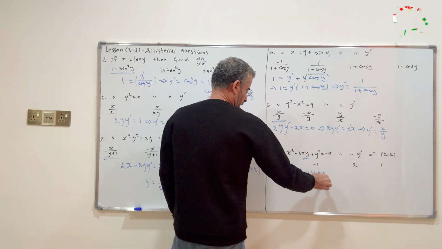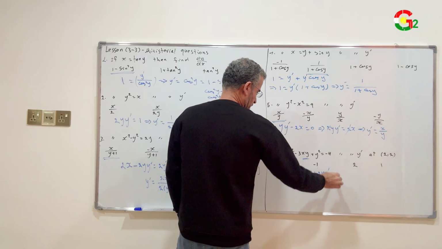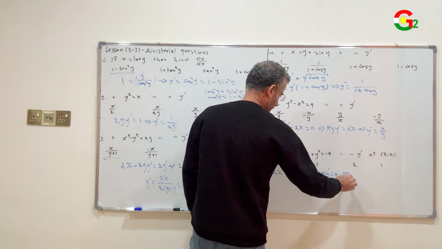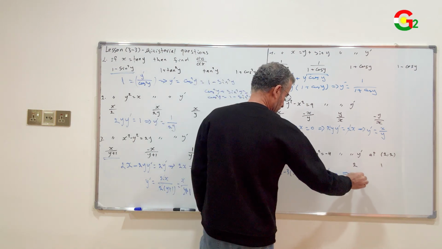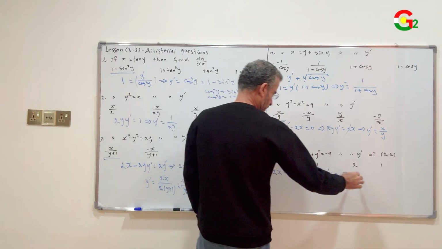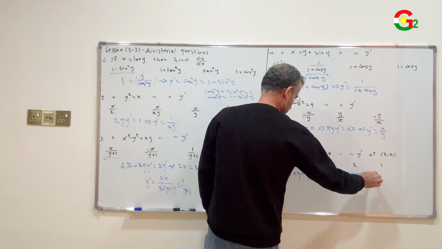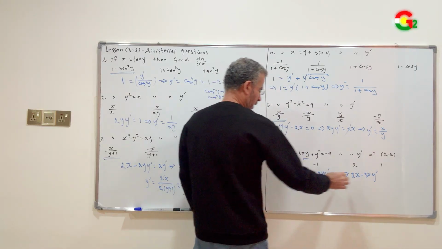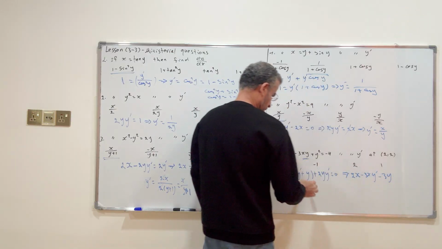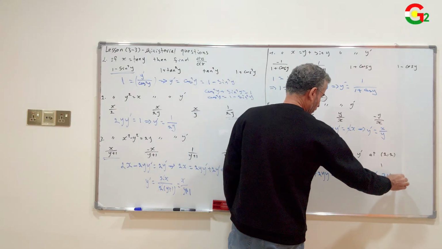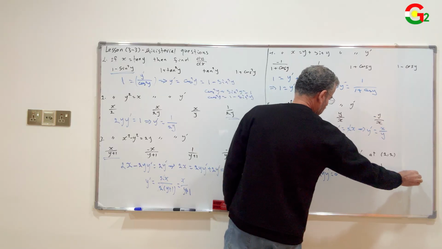Plus 2y prime equals 0. Then 2x, open this bracket, negative 3xy prime minus 3y plus 2y prime equals 0.